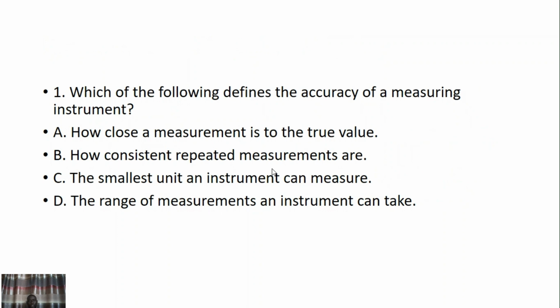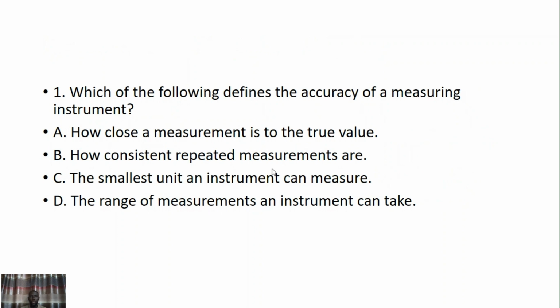Question number one: which of the following defines the accuracy of a measuring instrument? Don't forget, accuracy talks about how close the measured value is to the true value, while precision talks about how consistent the values measured by an instrument are.